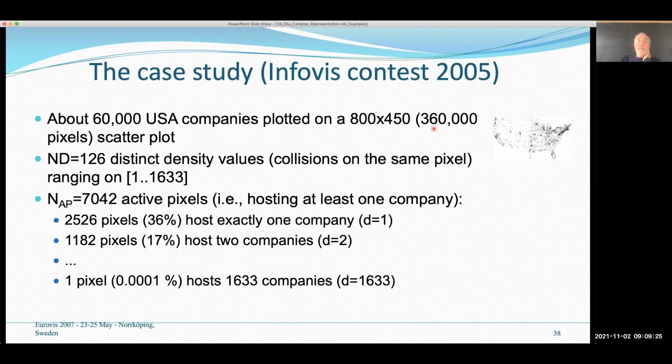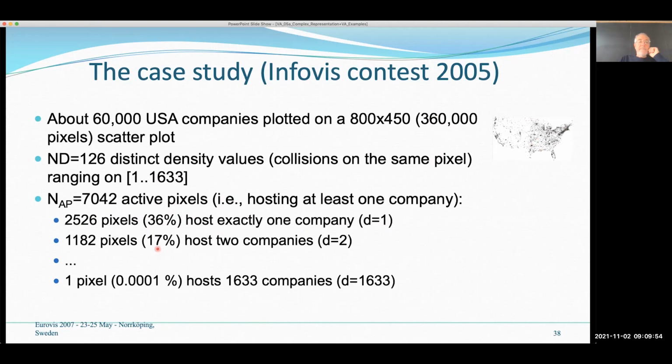Among these 360,000 pixels, only 7,000 are active, have been turned on. The rest are white. So most of the image is white. And among these 7,000, 2,500, 36%, have inside only one single company.